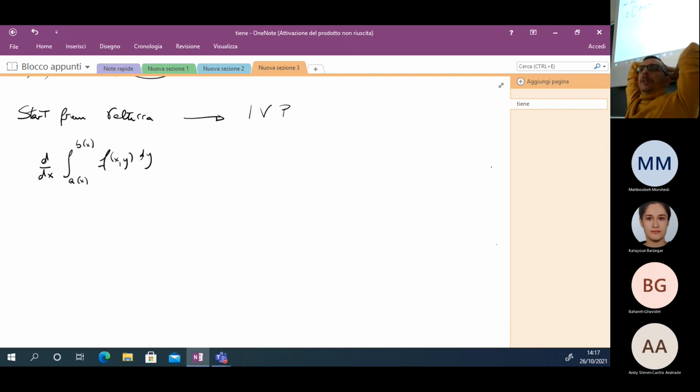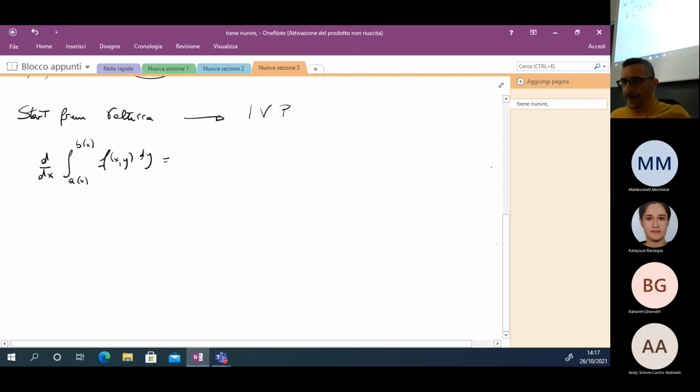If the extremes of integration are not functions of x, and given that f and its derivatives are continuous and integrable, you could move the derivative with respect to x inside the integral. But since the extremes of the integral are functions of x, you cannot do that.